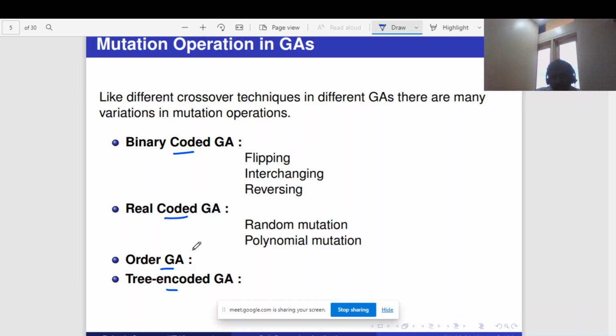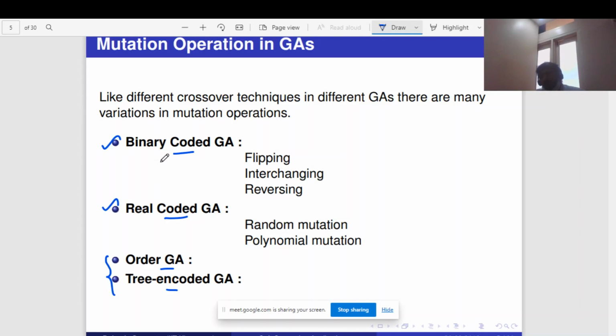The way in which mutation is done for each of these coding techniques is different. We are not going to discuss ordered GA and tree encoded GA. We will be discussing only binary coded GA and real coded GA, that is, how mutation occurs in them.